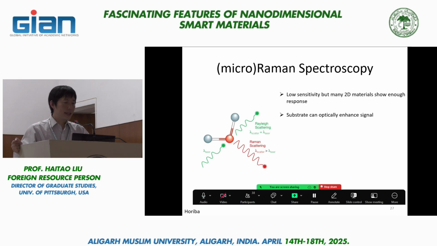All right, so this is a very useful technique for 2D materials, in part because if you are using a laser, you can focus the laser using a microscope into a small area, limited by diffraction. So if you are using a visible laser, let's say 514 nanometers is a typical laser wavelength people use.